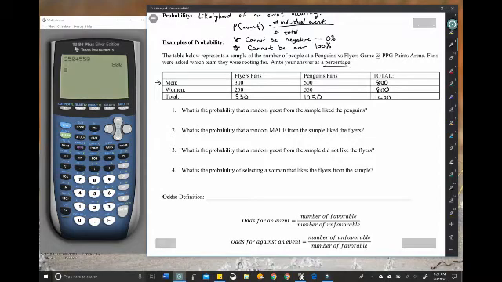Anyway, so probability a random guest is a fan of the Penguins. So the loudspeaker comes on, hey, if you're a fan of the Penguins, you get a prize, something like that. If we're picking a random guest and they like the Penguins, we're looking at the total number of Penguins fans. That is the individual event, 1,050 over the total number of fans there, 1,600.